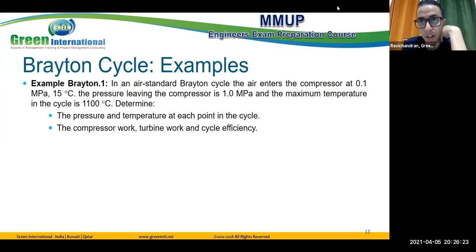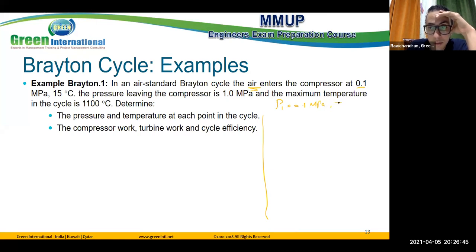This is a Brayton cycle. This is like a substitution for the previous equations. In the Brayton cycle, air enters the compressor at 0.1 megapascal. So we can write here P1 is 0.1 megapascal, and T1 is equal to 15 Celsius.